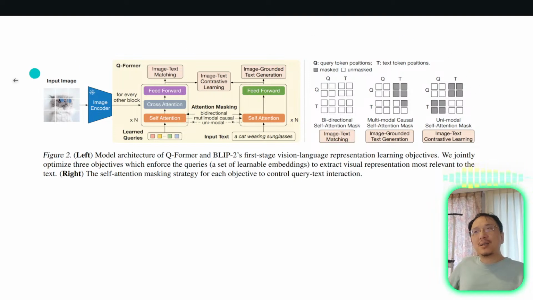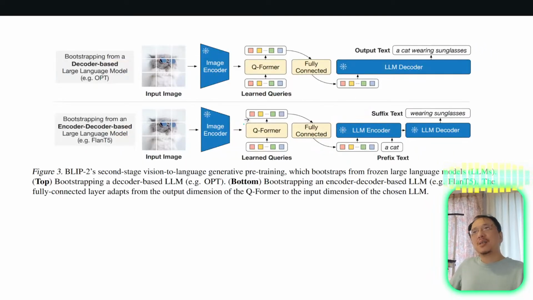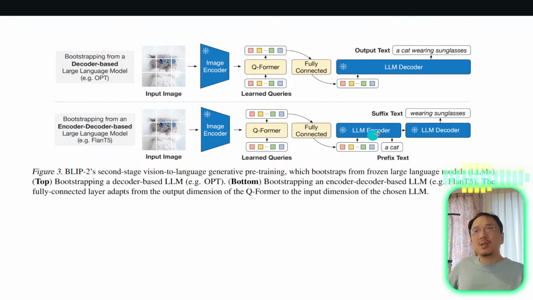As you can see, in this stage of training, there's only the image encoder. There's no text encoder yet. But here we have a large language model as a decoder. Depending on whether your large language model is encoder-decoder based or decoder based, it has a different way to fit the output of this Q-Former into it.